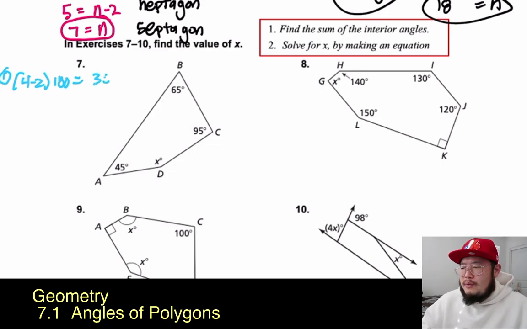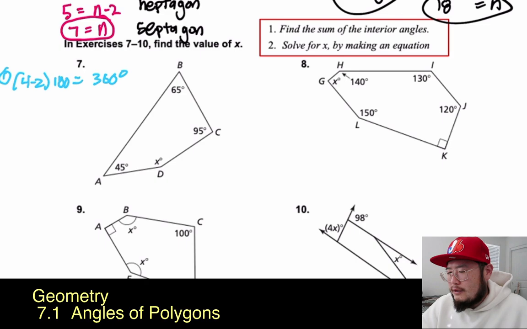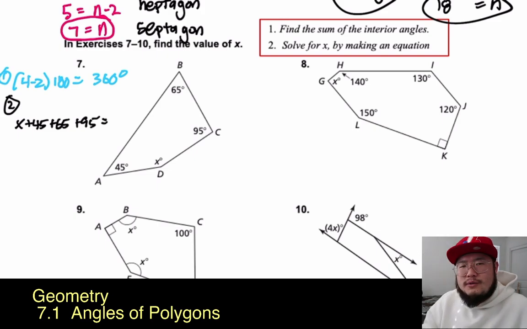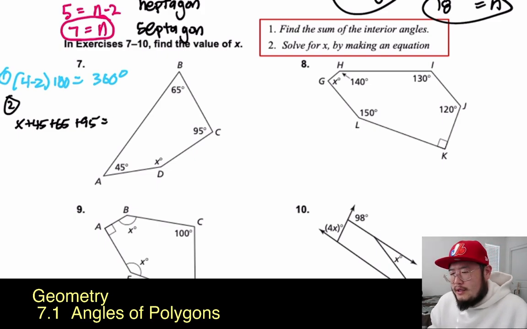So now that we know the sum of the interior angles, we can go to step 2: solve for x. How do I solve for x? We take all the angles right here, and I'll start with x plus 45 plus 65 plus 95, and we'll set that equal to 360, because that's what the sum of the interior angles will end up equaling.